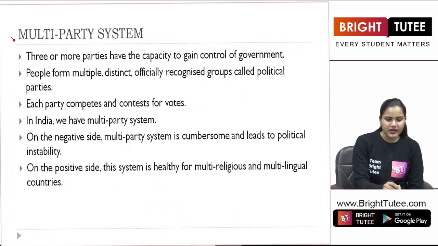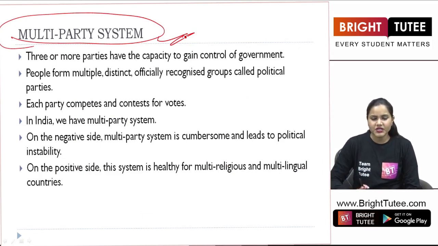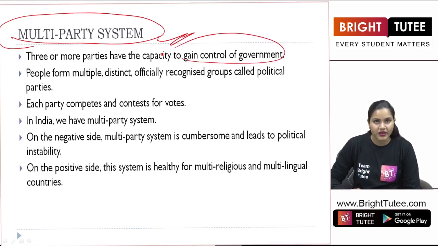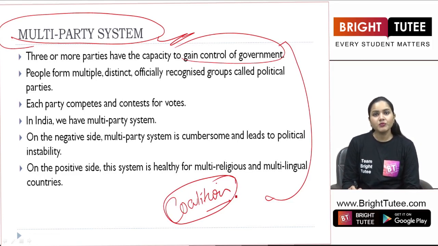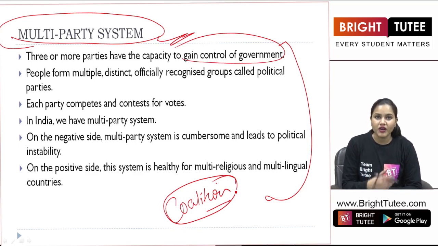Now, here we are going to understand all these party systems. So, the first one is multi-party system. So, in multi-party system, again as the name suggests, three or more parties have the capacity to gain control of the government. Like I told you, students, it is about a coalition, or a single party can also form the government, but mostly in multi-party system, three or more parties come together in order to gain control of the government, right?